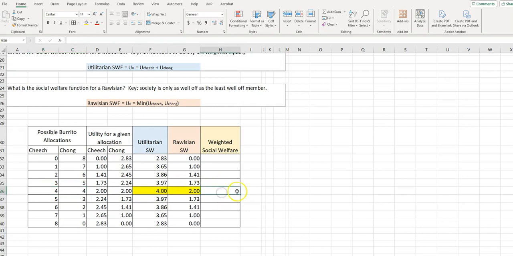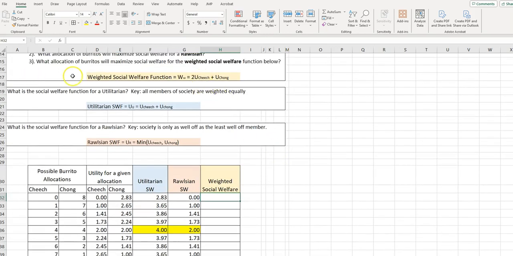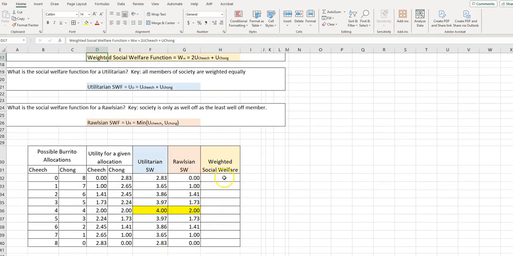All right, weighted social welfare. So this is where some members of society are valued differently than others. So we're going to program in this weighted welfare function that we had up here in cell D17. So we need to multiply Cheech's utility by 2, and then we are going to add it to Chong's utility.